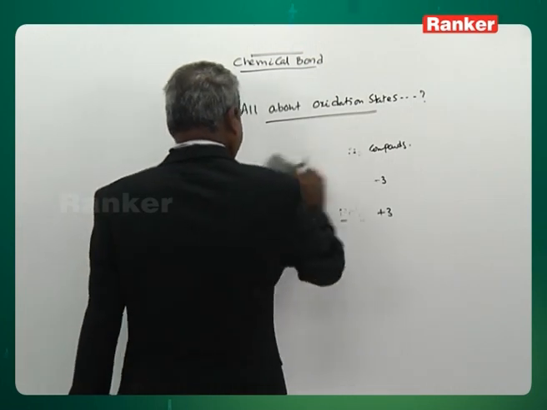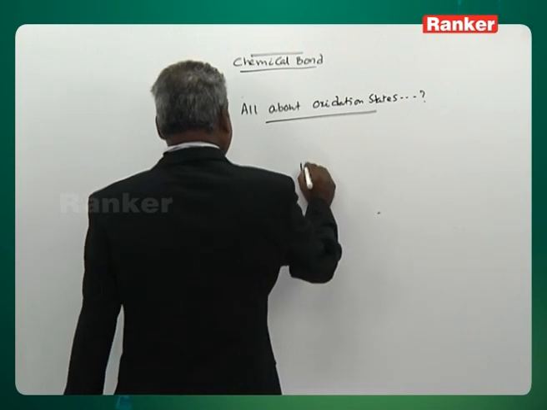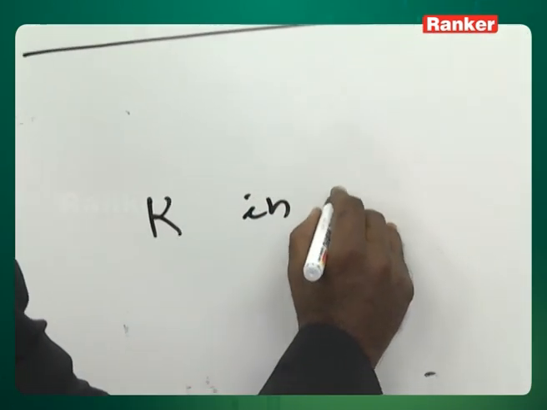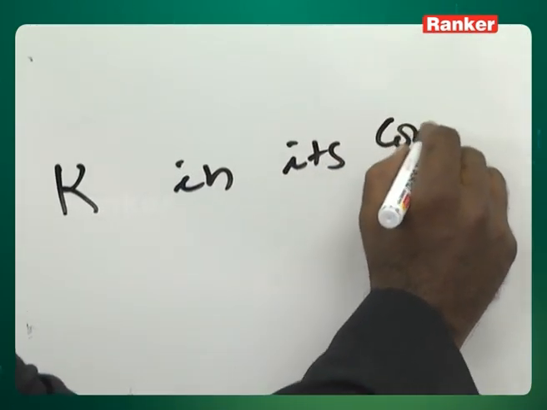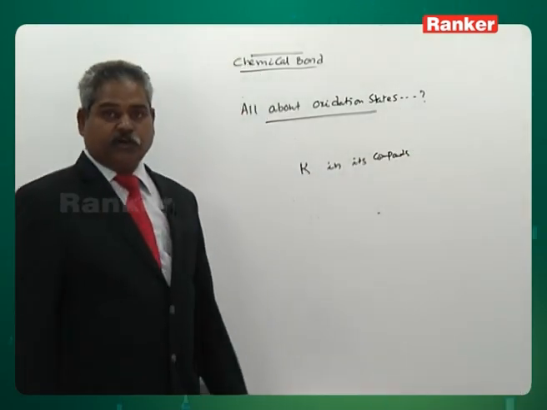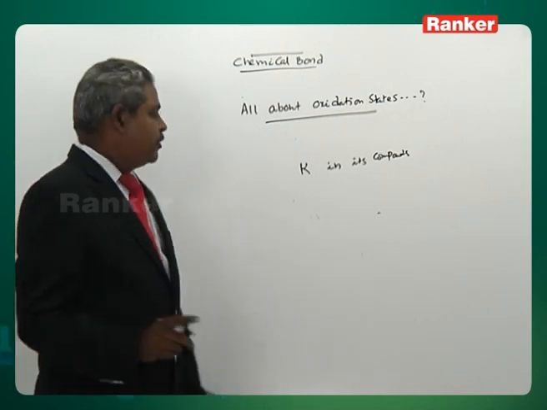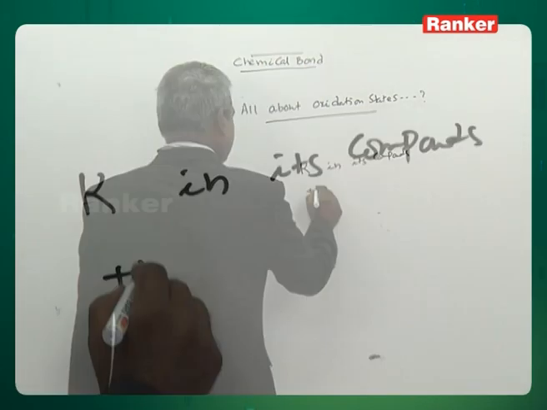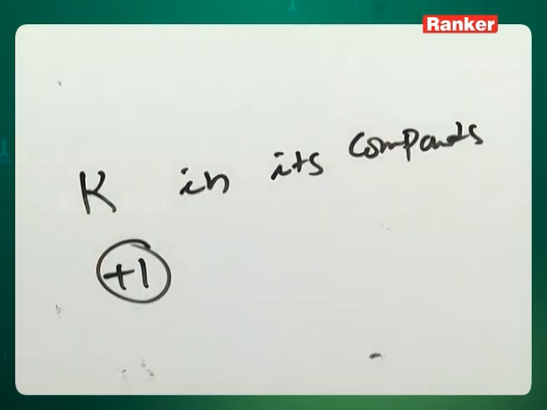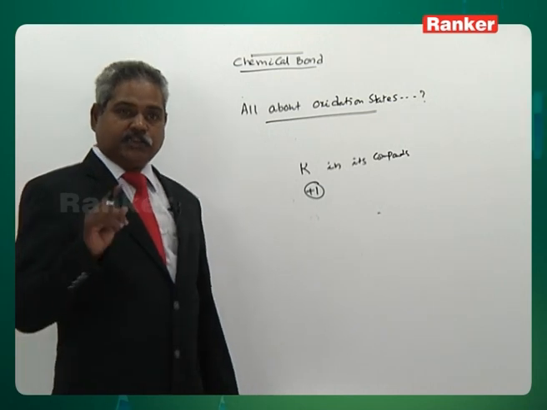But what is the oxidation state of potassium in its compounds? Now, you need not say it varies or it depends on which compound it is, because in all compounds of potassium, potassium is always +1. So it is fixed. Some elements have fixed oxidation states, whereas some elements don't.